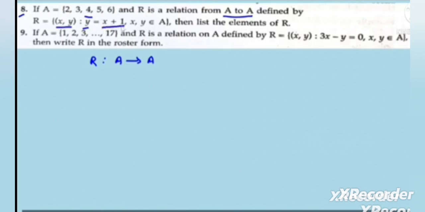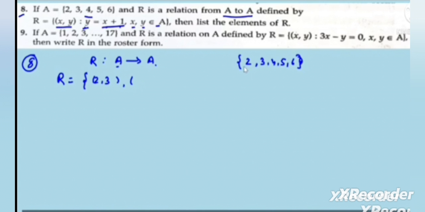Now we have to find out what are the ordered pairs which follow the condition y is equal to x plus 1. So we have to write the R in the roster form. Let's say 2. What are the possibilities with the first element 2? 2, 3. Okay.